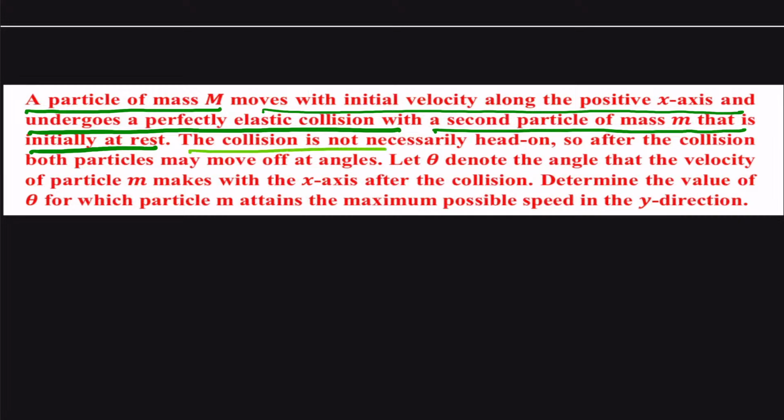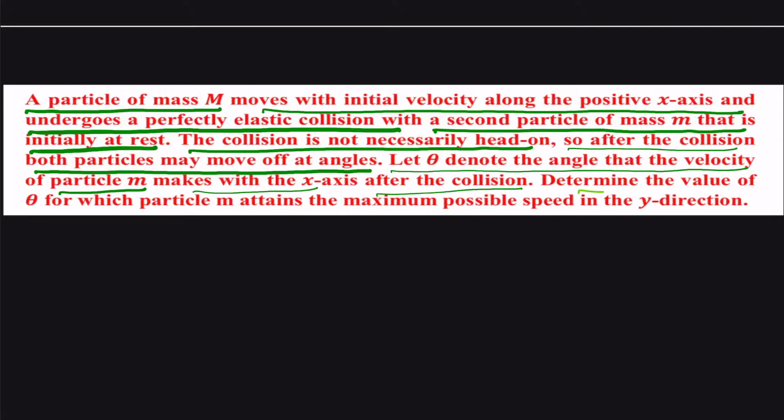The collision is not necessarily head-on, so that after the collision, both particles may move off at angles. Let theta denote the angle that the velocity of particle m makes with the x-axis after the collision. Determine the value of theta for which the particle m attains the maximum possible speed in y direction.